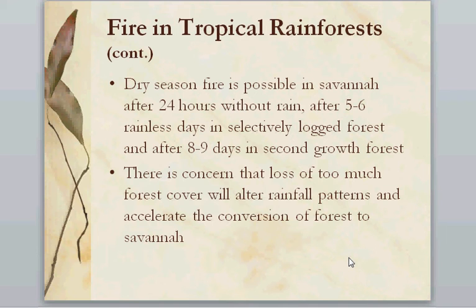So there is a concern that once the Amazon basin forests are cleared above a certain threshold area, then there will be a dramatic collapse of the remaining rainforest as it becomes too dry during the dry season to resist human started fires. Okay?